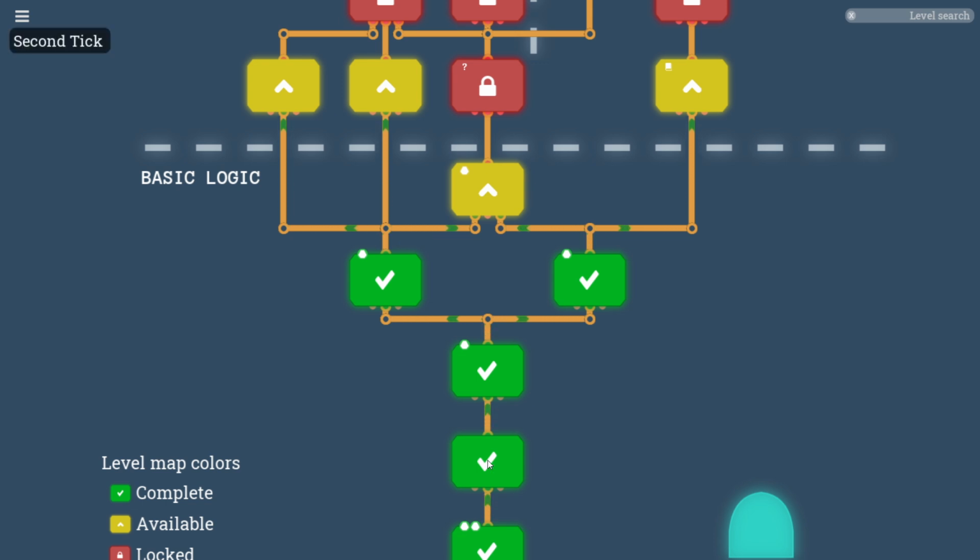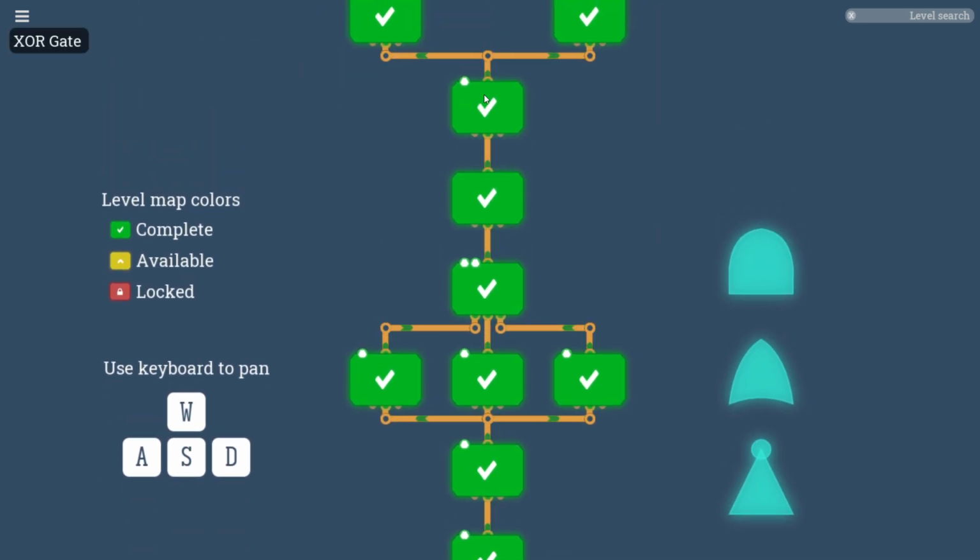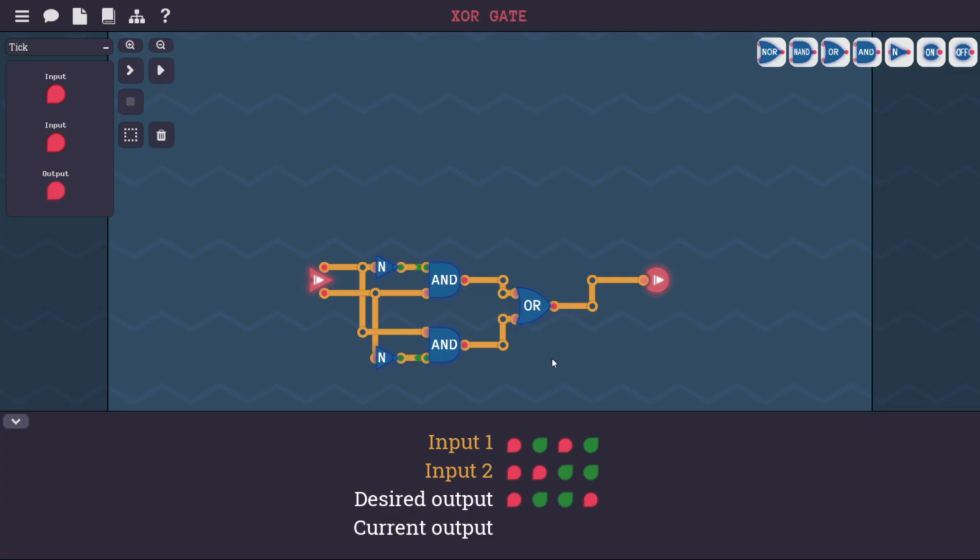An XOR checks if the inputs are different. These are the same, so we get an off, but if they are different, we get an on, right?